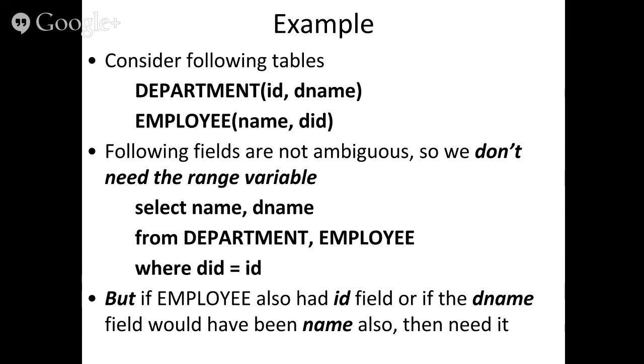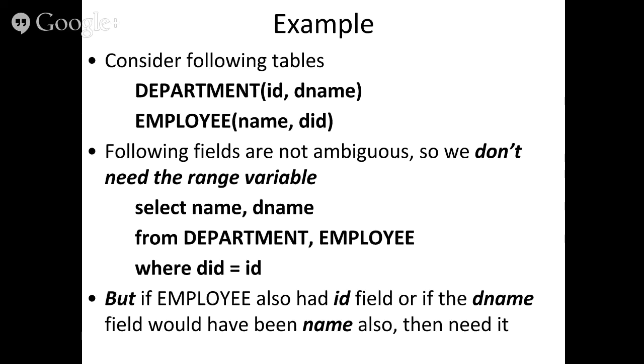So here we have a very simple schema where you have a department that has ID and DNAME. Right now, notice that the employee has a name and a department ID, and that presumably is a foreign key to the department.